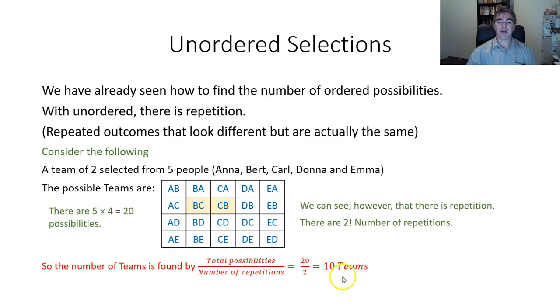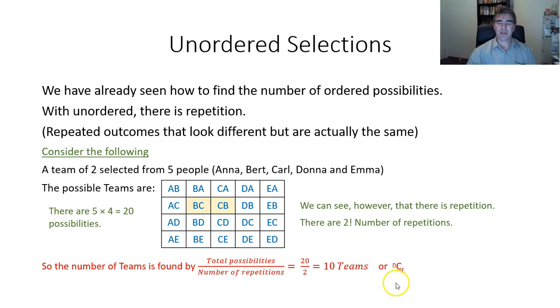So we end up with 10 different teams. So the important part when we're looking at unordered selections is this repetitions part, this part down here. And I know I didn't put the 2 factorial like I did up here, because 2 factorial is just 2. But hopefully we'll pick that up as we go through.